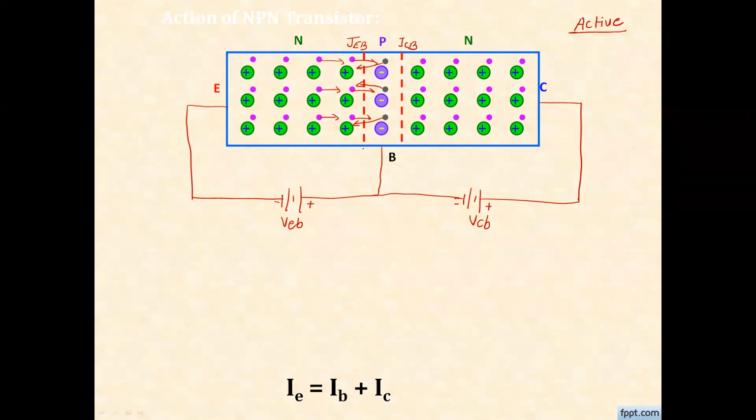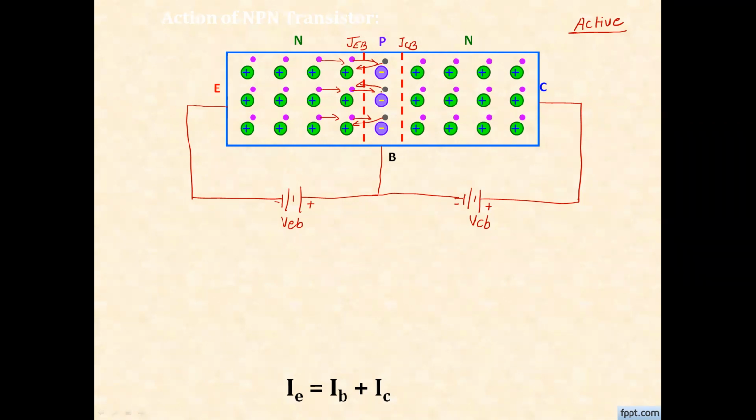Because of that, the effect is the same: the width of the depletion region reduces, and the charge carriers try to cross the junction. When the free electrons in the N region come into the P region, as you know the emitter region is heavily doped, so the number of free electrons in the N region is more as compared to the number of holes in the P region.